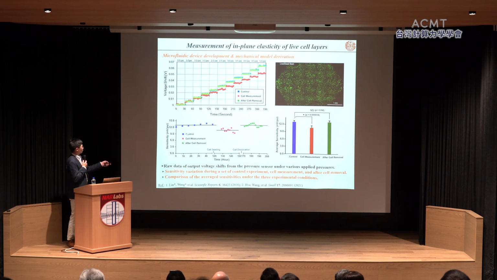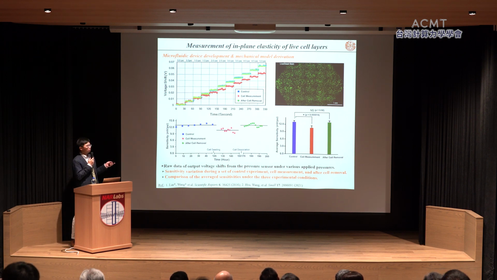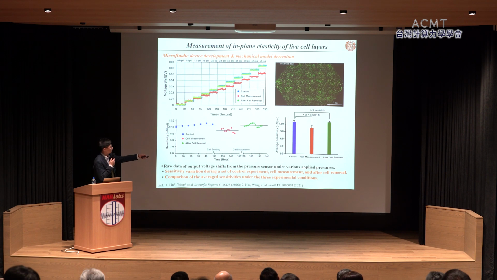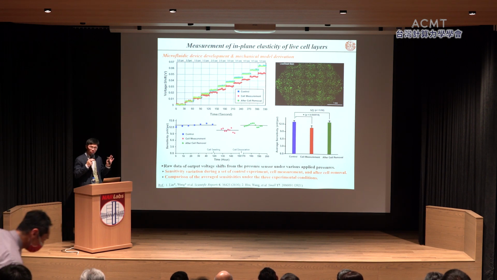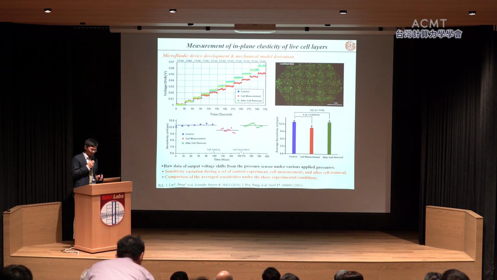So like this, control, measurement, and after the cell removal, if our experimental system is robust, actually this after the removal should be identical to the original control experimental setting.